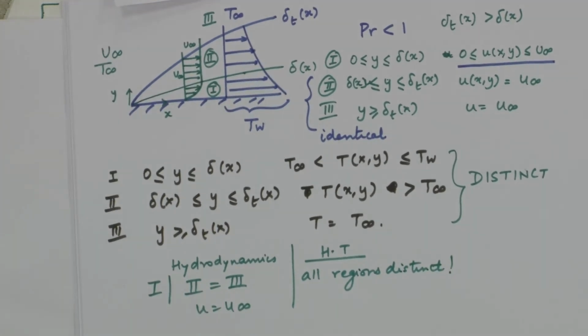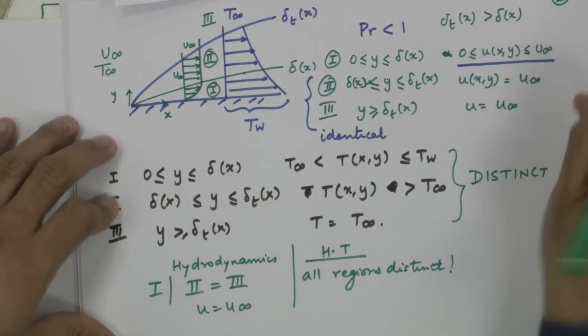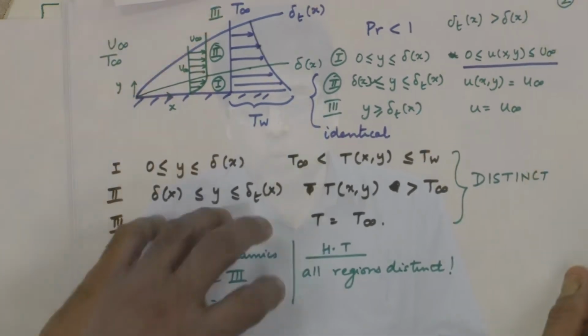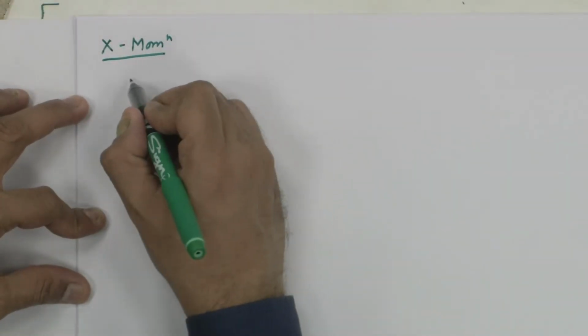What does this mean? This is very important because it tells me what I need to do in solution of the governing equation. We have not derived the energy equation, but we all know what the fluid mechanics Navier-Stokes equation is going to be. Navier-Stokes equation is nothing but the law of conservation of momentum, Newton's second law, and I will write only the x momentum equation for you, and you will understand how things become simple.